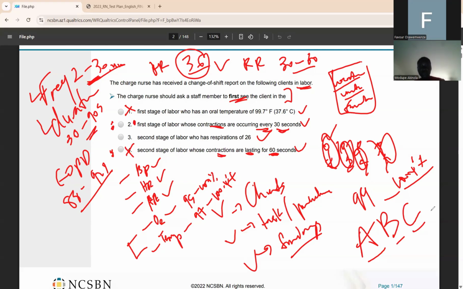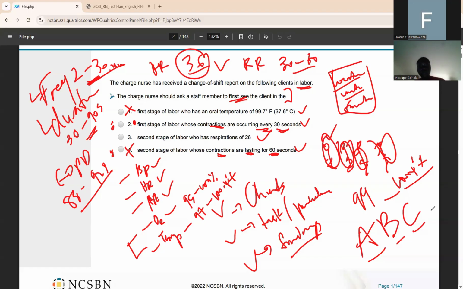Now, you see, when I told you previously, I said pay attention to the care that occurs related to the particular location, unit, or facility. This question is related to general care, so we might say maybe the respiratory rate is high.